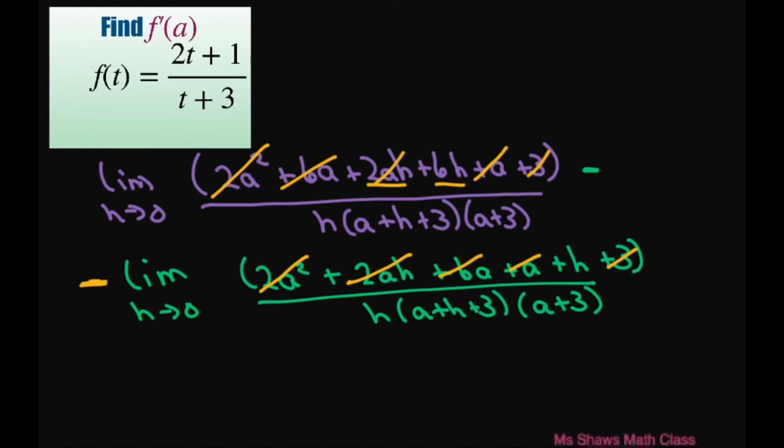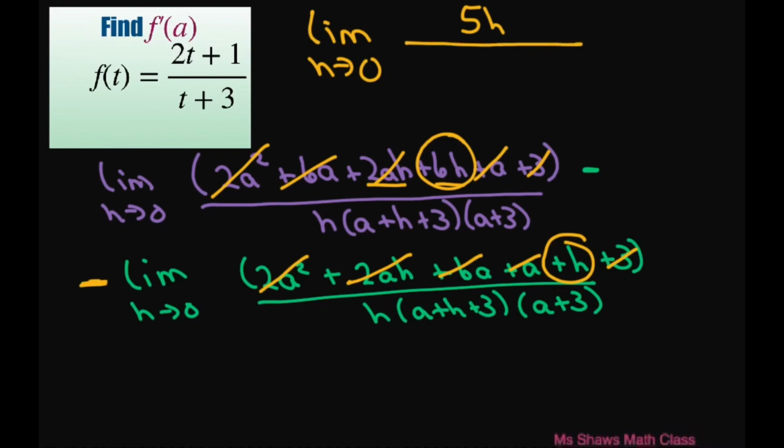So what do we have? Basically we have, the limit as h approaches 0, 6h minus h. That's basically what we have. So that's going to be 5h divided by h times (a plus h plus 3) times (a plus 3). A little messy, isn't it?